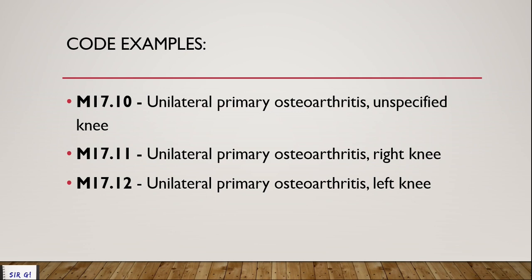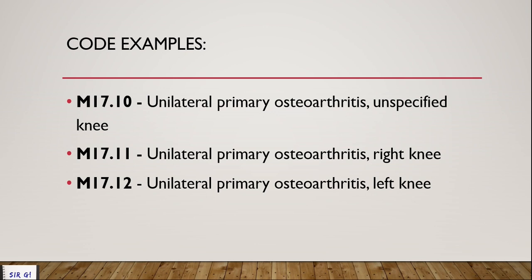So what you can see in these examples is that the codes are divided based on the location. We're talking about the knee. So the codes are divided based on the anatomical location, also known as the site. And as you can see, the difference between the codes is also the laterality. When you say laterality, is it left or right?